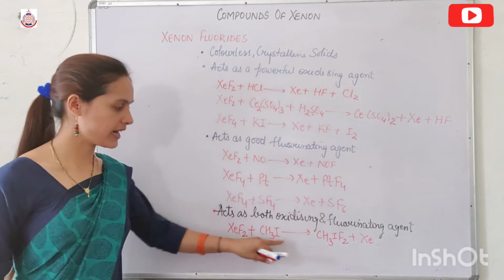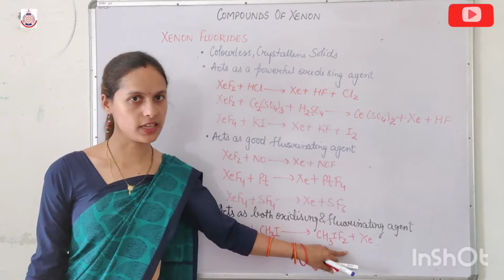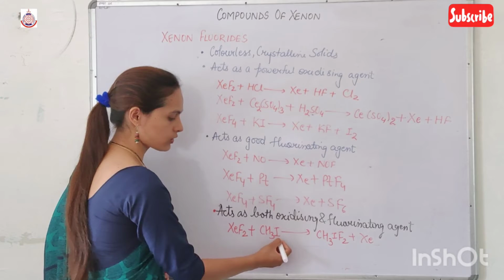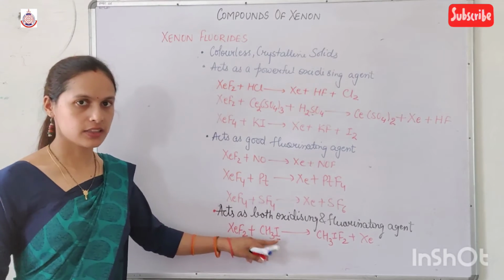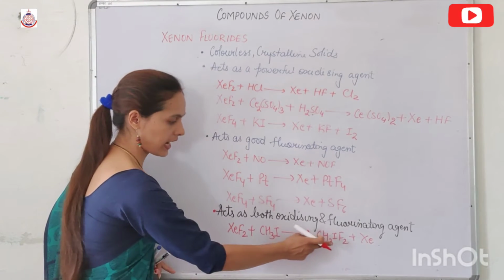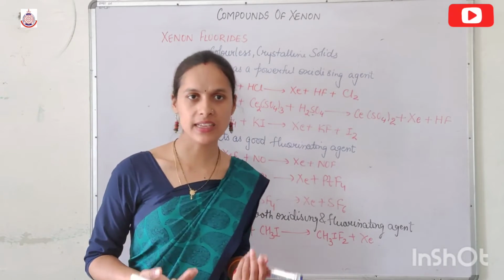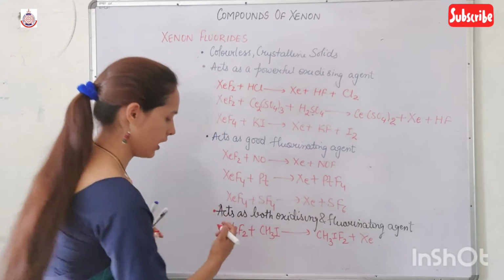Here there is addition of fluorine in the compound, therefore they act as a fluorinating agent. And the oxidation state of iodine here and here is different, so they behave as both oxidizing as well as reducing agents.